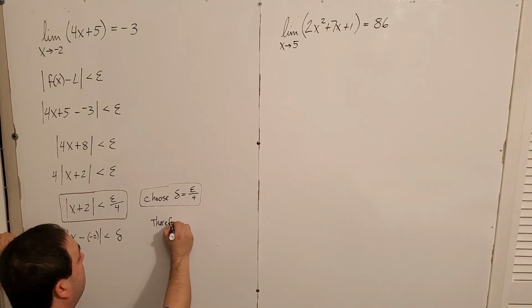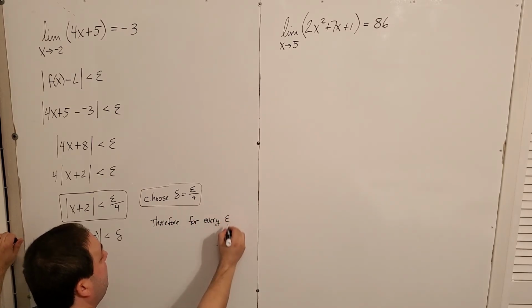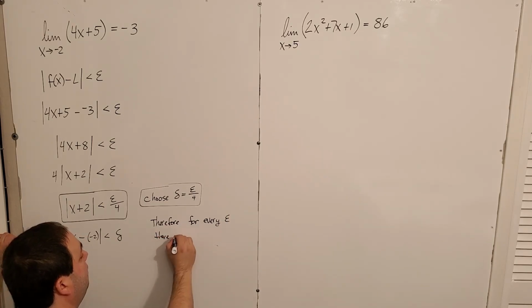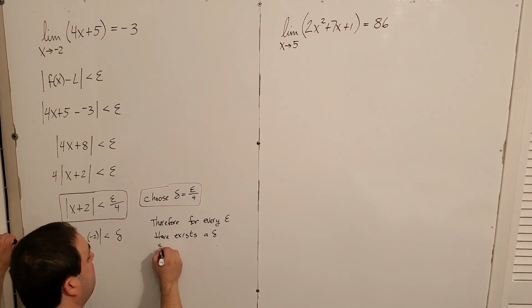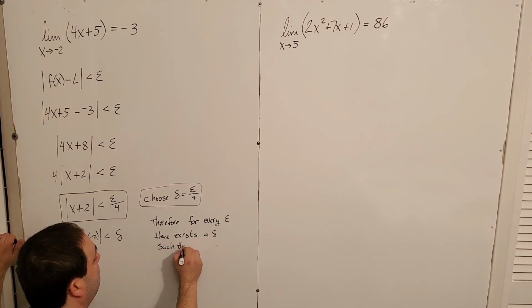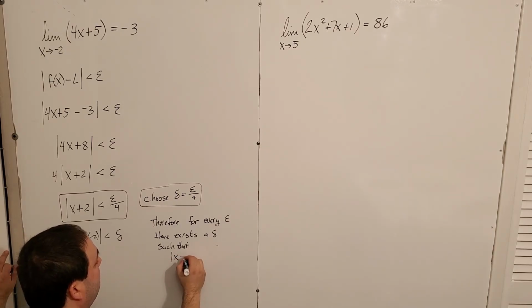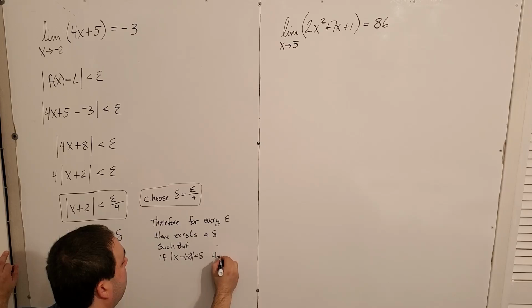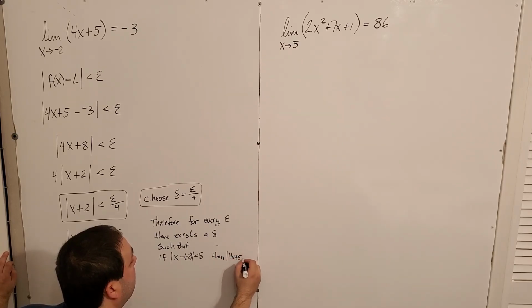Therefore, for every epsilon, there exists a delta such that the distance to negative 2 is less than delta. So if that is true, then 4x plus 5 minus negative 3 is less than epsilon.